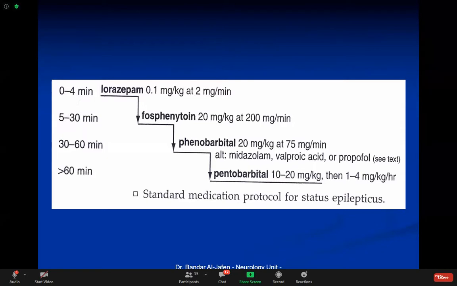It's not available here. We use phenytoin. Phenobarbital could be another step, or an alternative to that is midazolam. I think more people are shying away from phenobarbital, and we're tending to use more midazolam and propofol. And then later on, if it's still going on, you're going to use heavy anesthetics like pentobarbital.